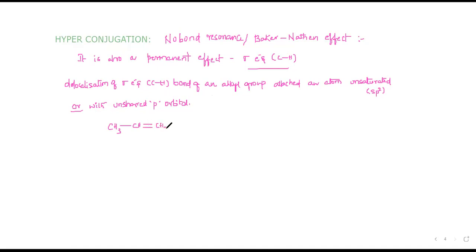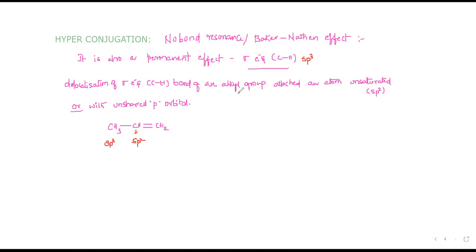If you look at this one, we will note the hybridizations. This carbon is sp3, the C-H bond is of an sp3 carbon. An alkyl group is always sp3 hybridized, right? And this carbon is what hybridized? sp2 hybrid, I said attached to an unsaturated group. See, the sigma bonded C-H electrons.